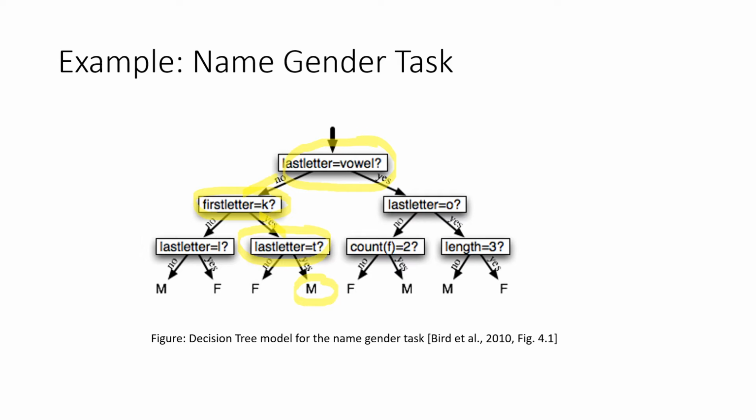Given the algorithm for choosing decision stumps, the algorithm for growing larger decision trees is straightforward. We begin by selecting the overall best decision stump for the classification task. We then check the accuracy of each of the leaves on the training set. Leaves that do not achieve sufficient accuracy are then replaced by new decision stumps trained on the subset of the training corpus that is selected by the path to the leaf.